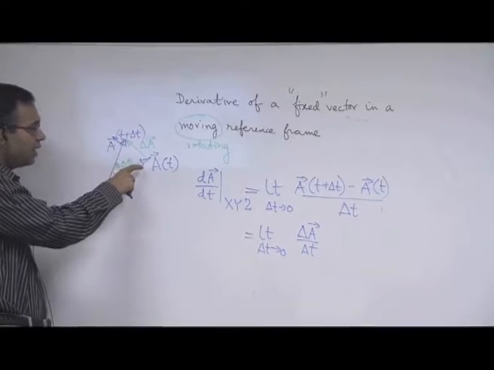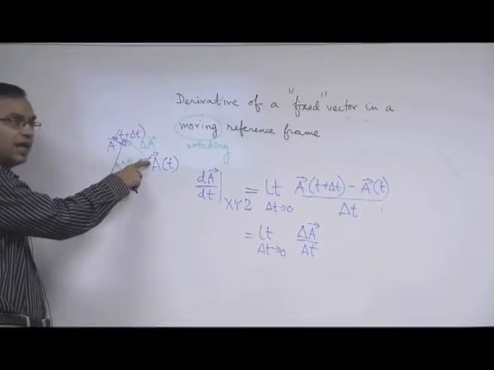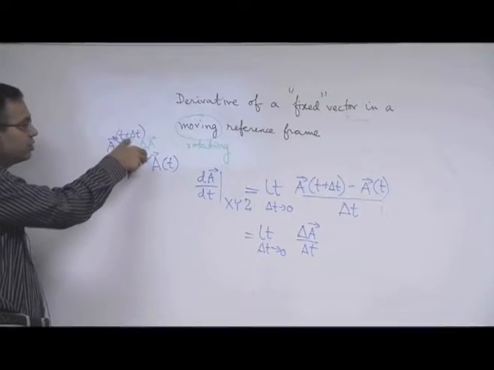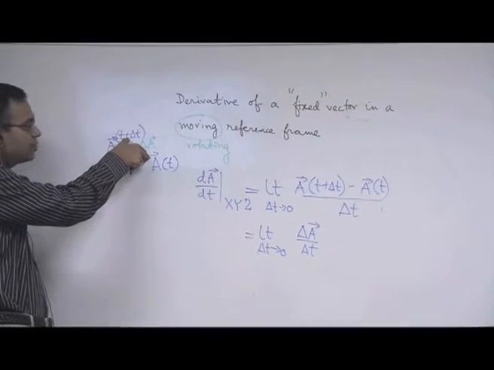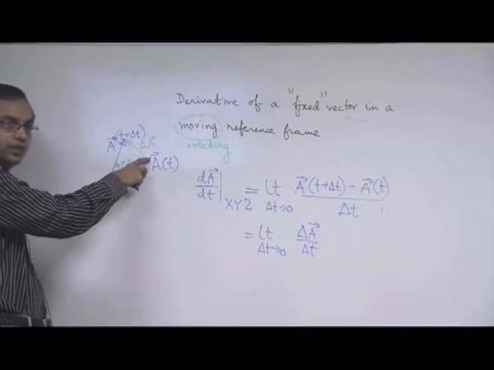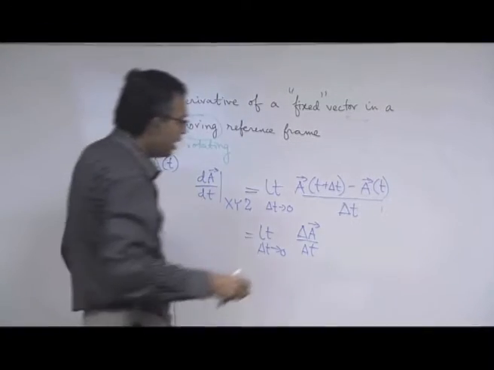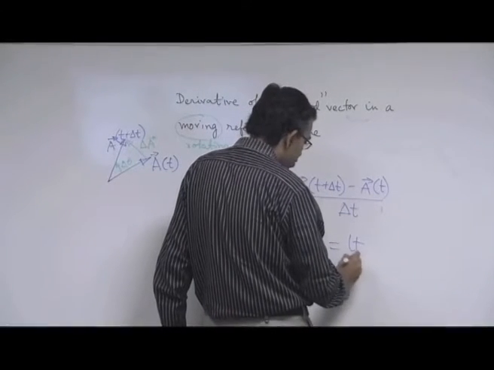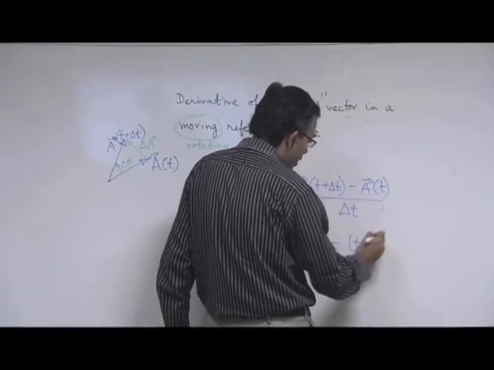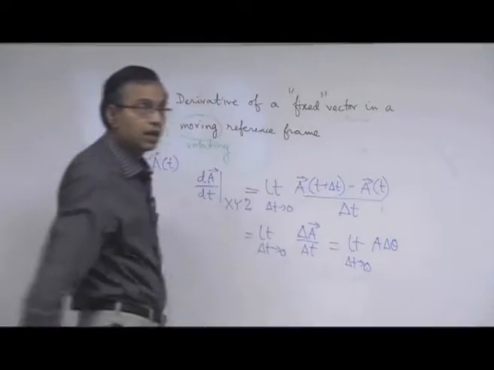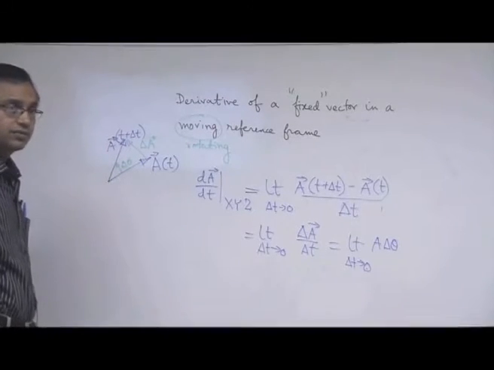Delta A is the magnitude of A times delta theta, because this delta theta is small, right. So this is as good as a small arc of a circle with radius of magnitude of A. So you can write this as limit as delta t tends to 0 of A delta theta, this is the magnitude, and what is the direction?